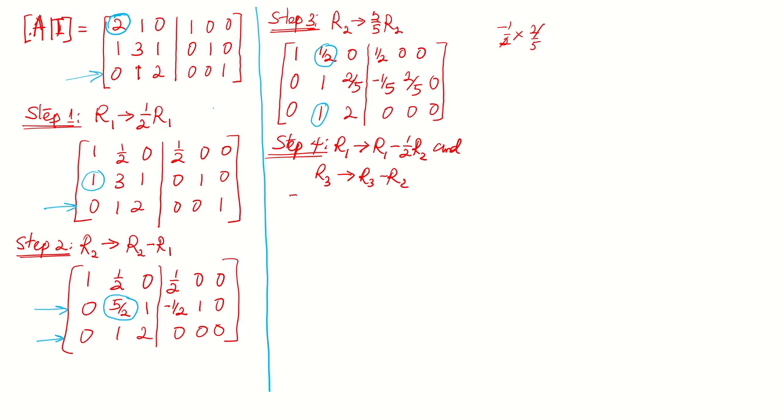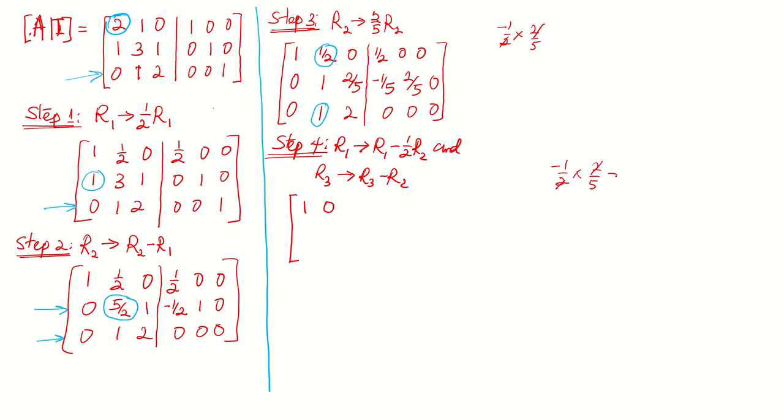The first: row 1 minus 1 over 2 times row 2. 1 over 2 times 0 is 0, so 1 minus 0 is 1. Then 1 times minus 1 over 2 is minus 1 over 2. 1 over 2 minus 1 over 2 is 0. We've achieved that. Now let's multiply minus 1 over 2 times 2 over 5.